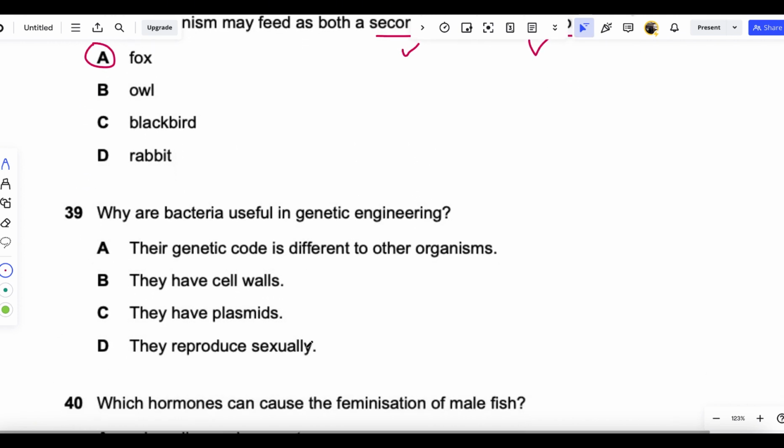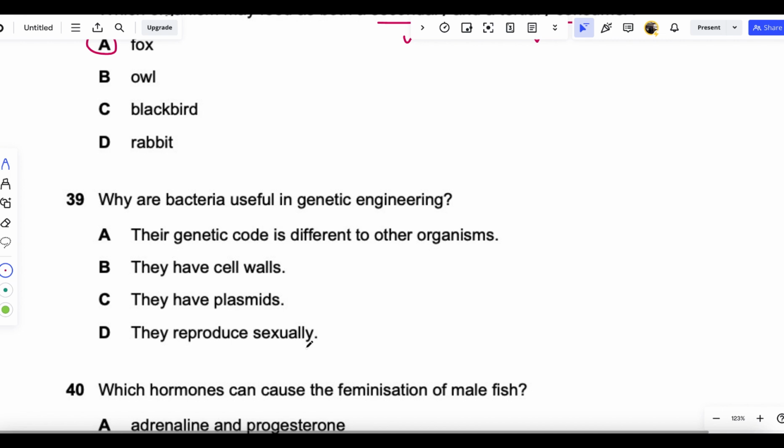We move to question 39. Why are bacteria useful in genetic engineering? Their genetic code is different to other organisms?